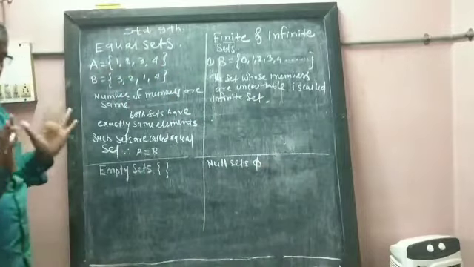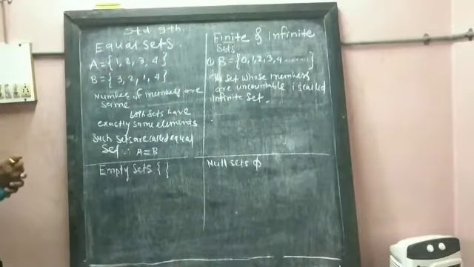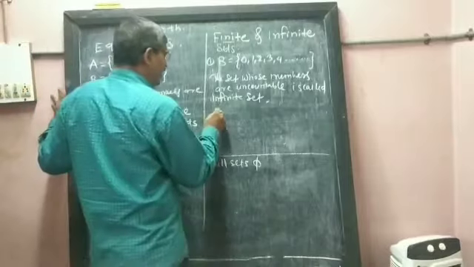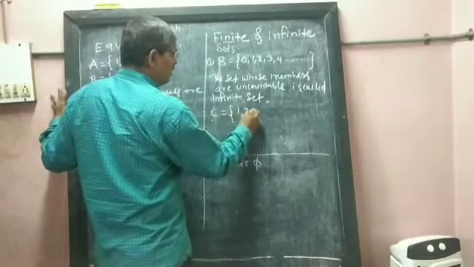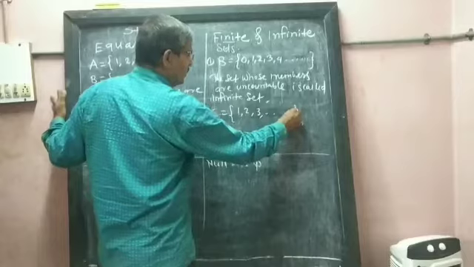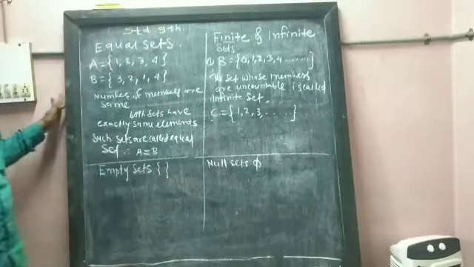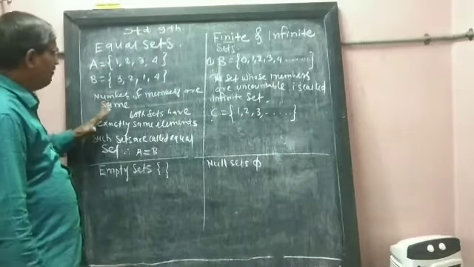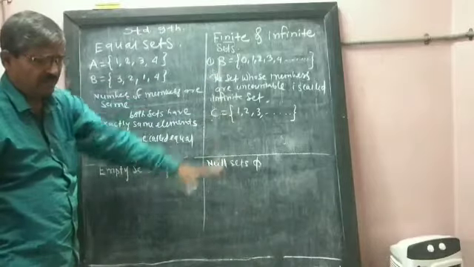Understand? Any problem till here? If you don't have problem, you may take another example that C is the set of all natural numbers. Natural numbers are also infinite. Okay? Any problem in equal sets, finite set, infinite set?